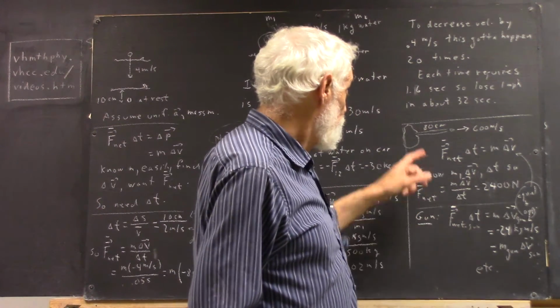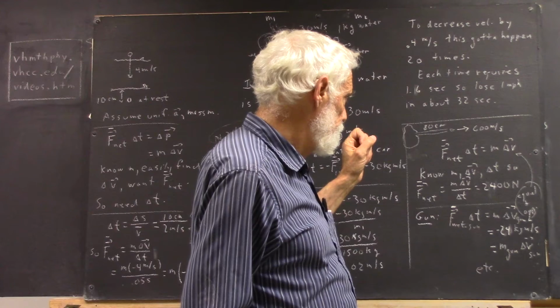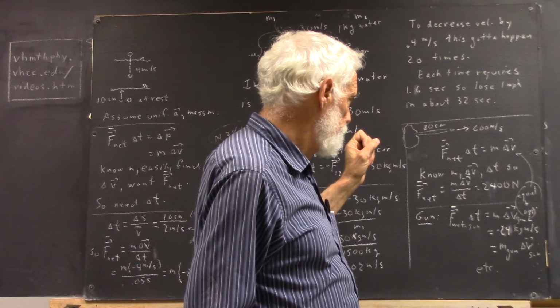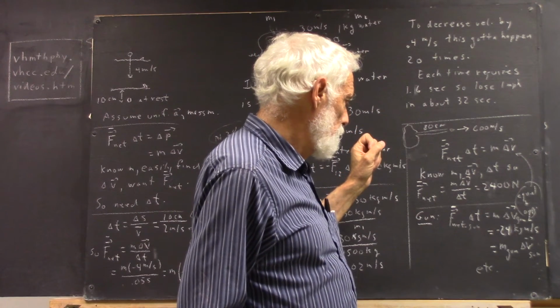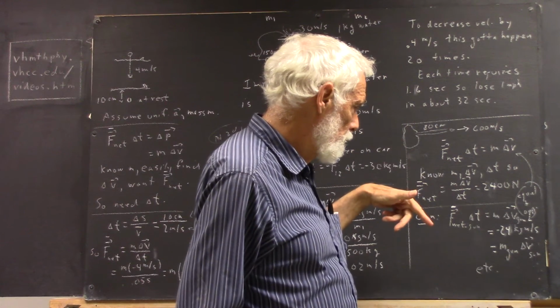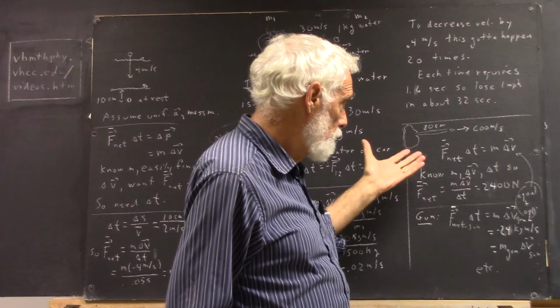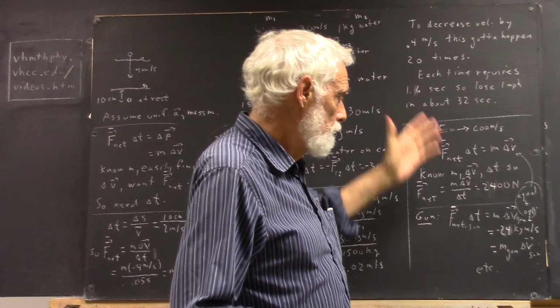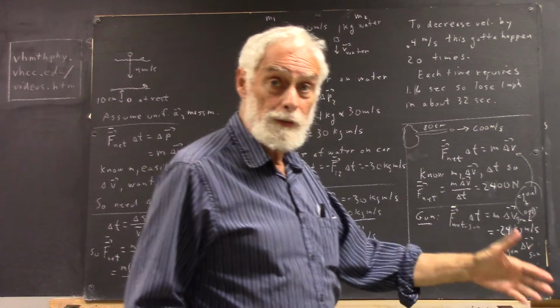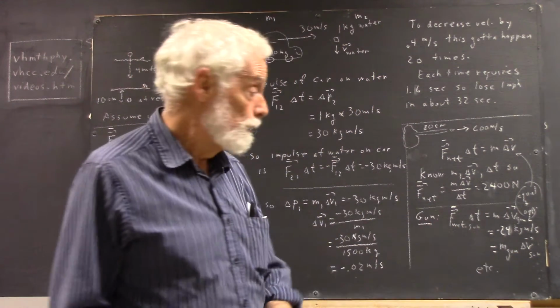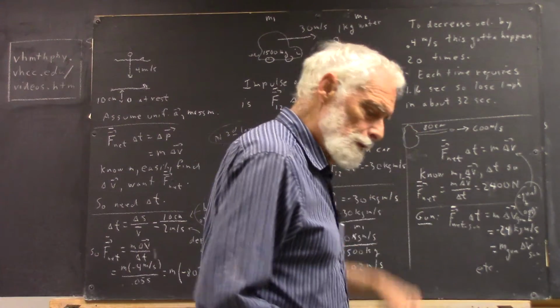Okay? And I'm still not sure. Mass of the gun is 4 kilograms. Well, you can figure that out. The ratio of the masses and the ratio of the velocities will be inverse. Somehow my numbers are getting jumbled up.